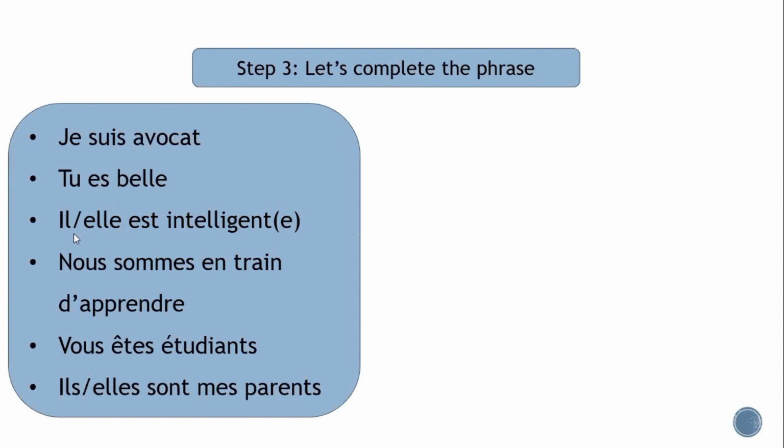So we just have to use it, like we're going to use it twice. Il est intelligent. Elle est intelligente.